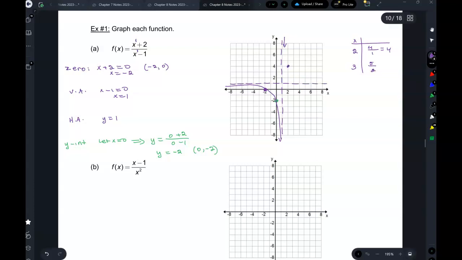Okay. So when the graph exits from the bottom to the left of the asymptote, it re-enters on the opposite side from the top. So it goes here and it goes there. You just know that one arm of it is going to be here and the other one is going to be over there, because there are going to be some cases where they might be on the same side.